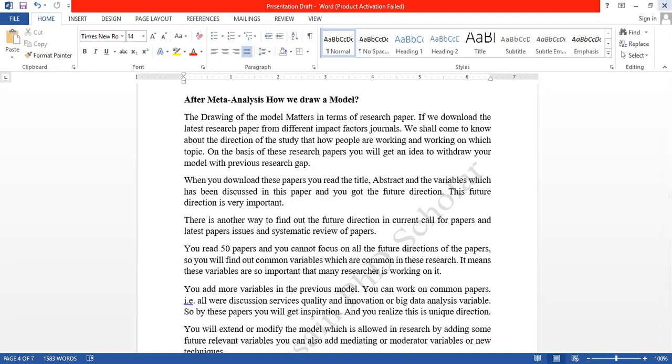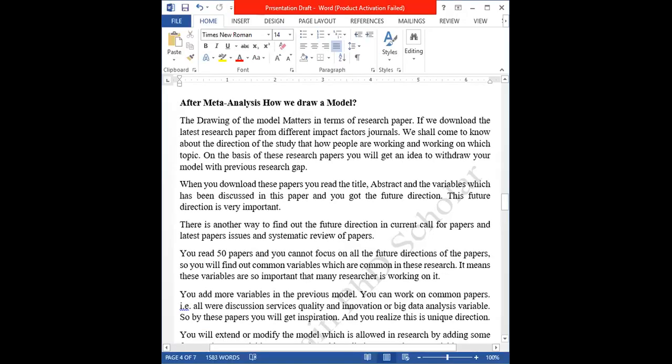Meta-analysis, let me share a file with you of meta-analysis, if I can share it here.